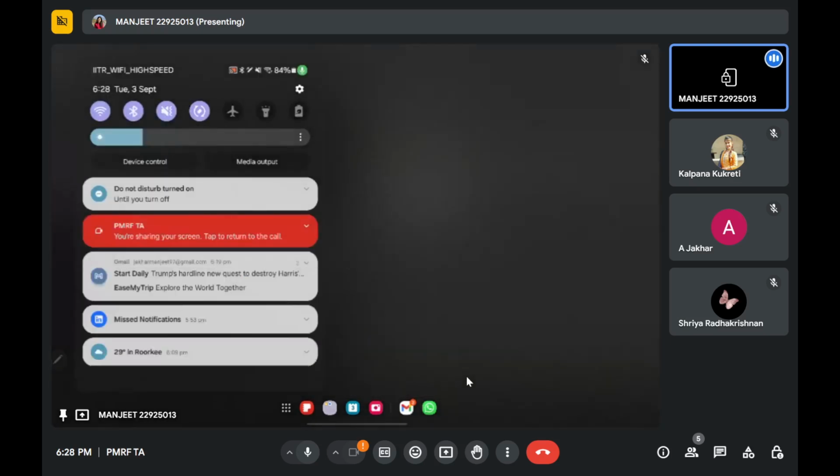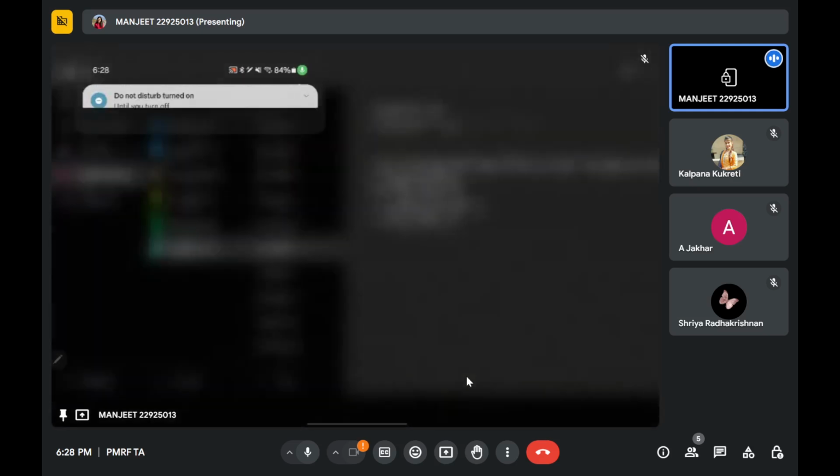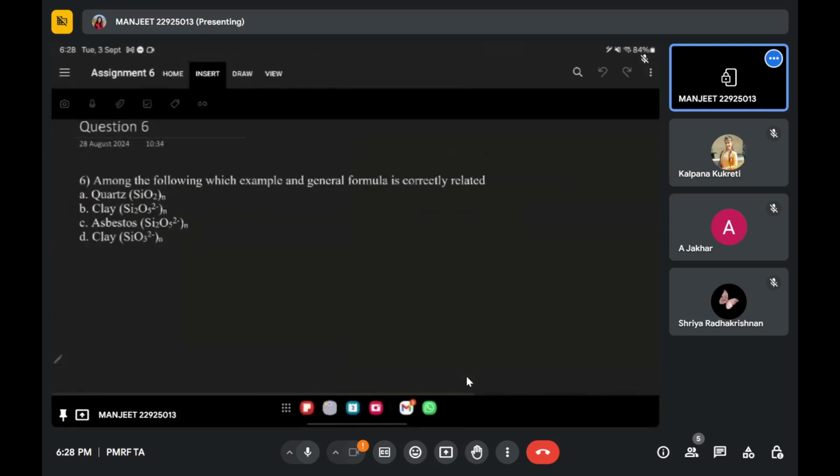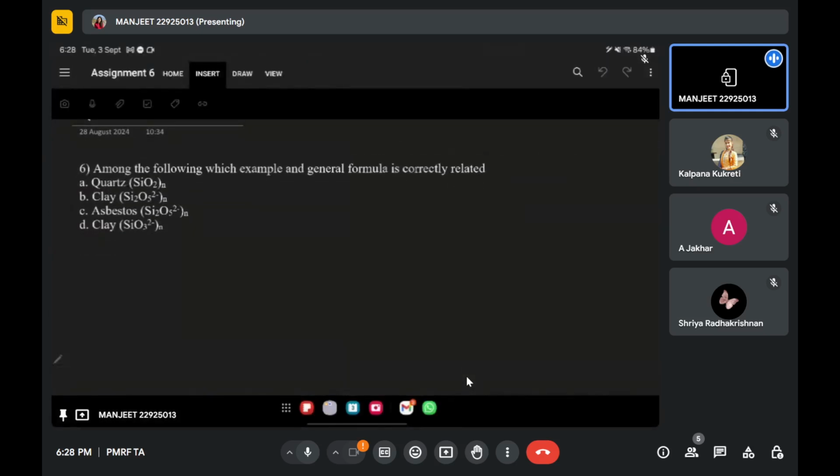Question number 6. In question number 6, among the following, which example and general formula is correctly related? That is the quartz SiO2n, clay Si2O5 2 negative, asbestos Si2O5 2 negative, and the clay SiO3 2 negative.